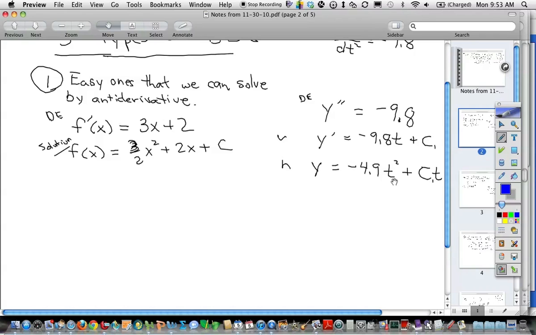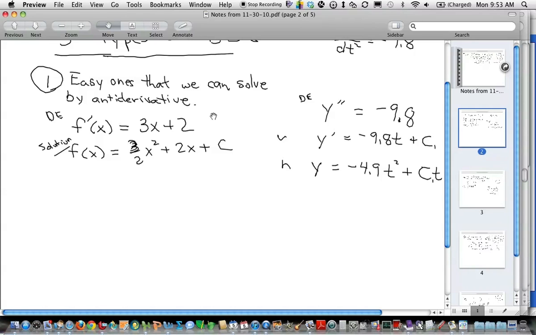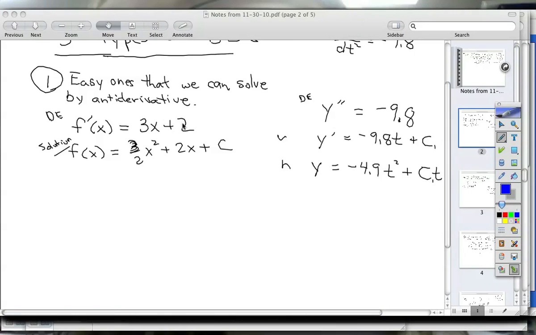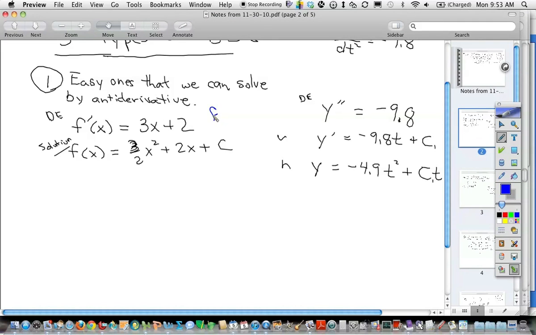If I put an initial condition with this, let's just work this one real quick. I'll have you type in your calculator. If I gave you this differential equation and I told you f of 1 equaled 7, that's an initial condition. So now I've turned this differential equation into an initial value problem.